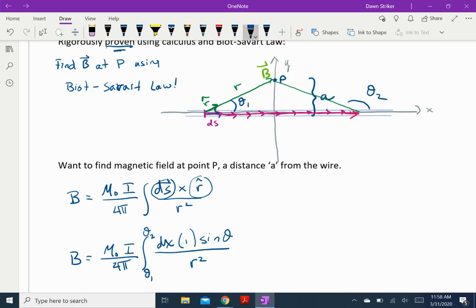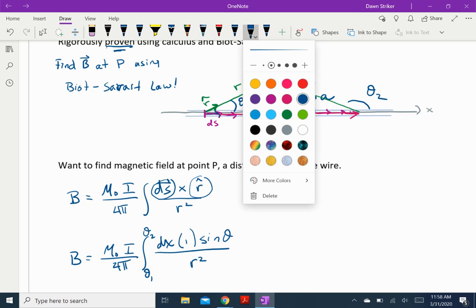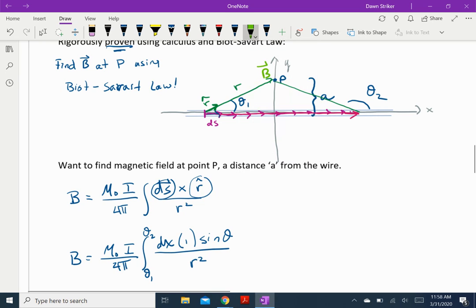So what is the direction using the cross product? If you use your right hand rule and you point your thumb to the right side of the page and look at the way your fingers curl, the magnetic field up here is coming out of the page and it's curling around and pointing into the page here. So it's circling like this. All right, there's the magnetic field out of the page on top.